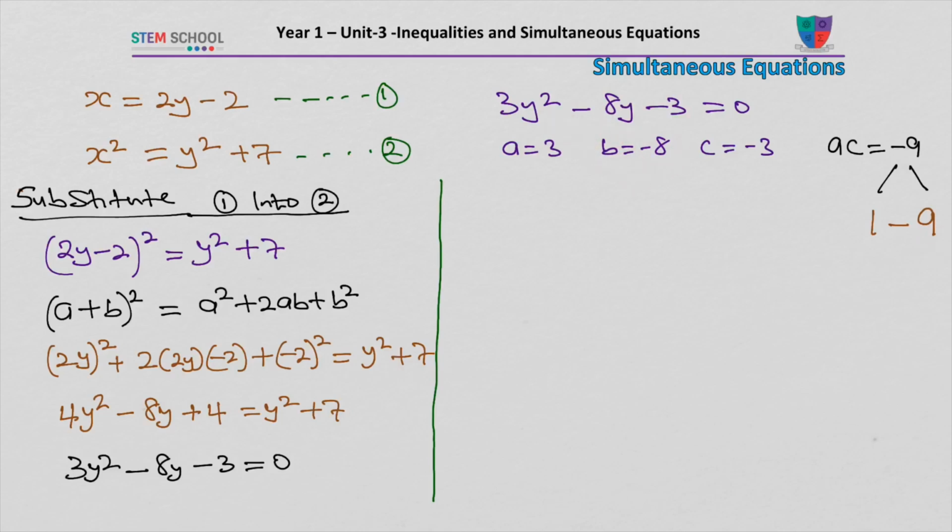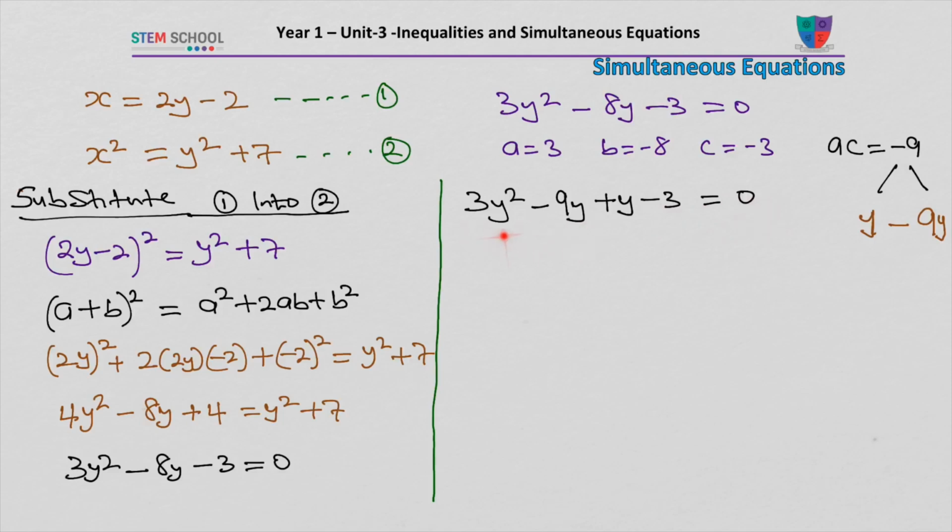So now what I need to do is put y here, so that 1 times y is y, and 9y. So now if I get y minus 9y, it will become minus 8y. So I'm going to replace minus 8y with y minus 9y. So now I've got 3y squared minus 9y plus y, that will be minus 8y, minus 3 equal to 0.